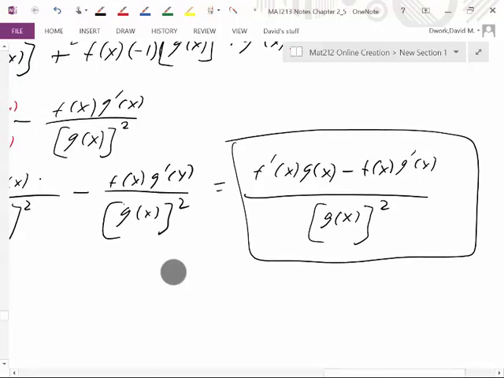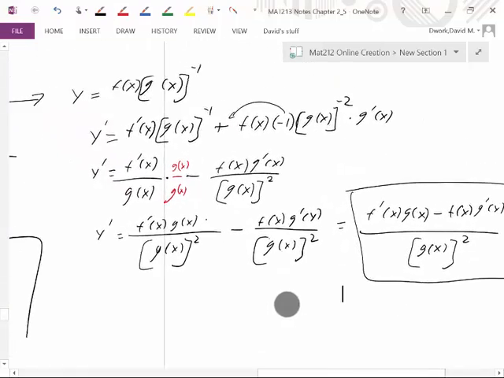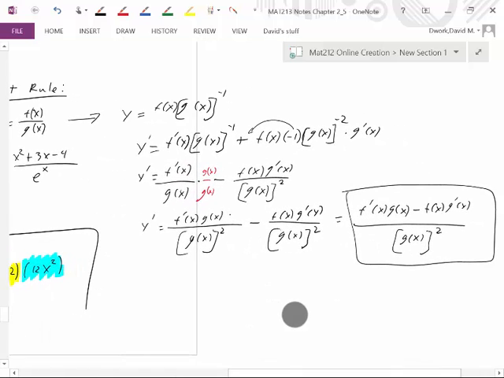So let's look at where these things started from. What started in the numerator? What started in the denominator? Well, f started in the numerator, g started in the denominator. So notice what we did. In this first term here, we said, all right, the thing that was in the bottom, the thing that was low, times the derivative of the high, minus the high times the derivative of the low, all over the square of what's below.